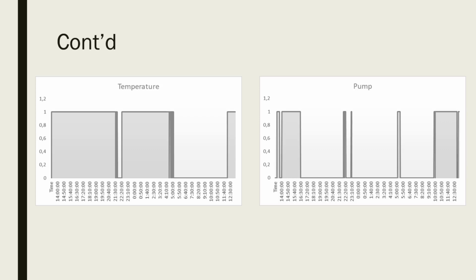The next graph tells how the fan and the pump were activated during the operation of the model. The left side of the graph shows how often the fan was activated by the system.